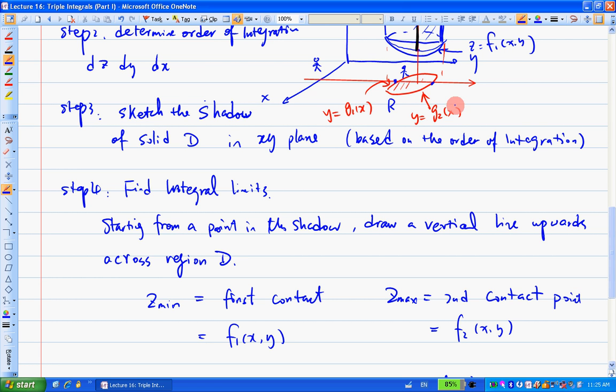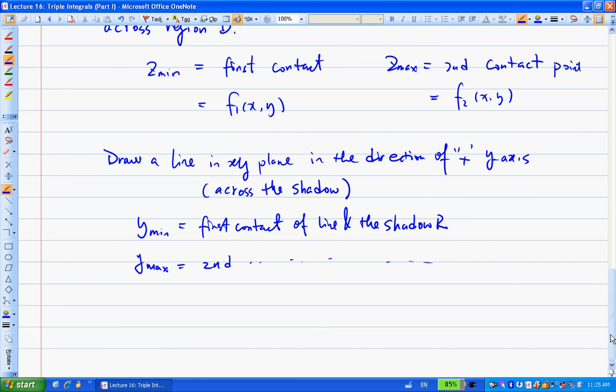This is the second contact, so y is g2 of x. So this is the second sweep.